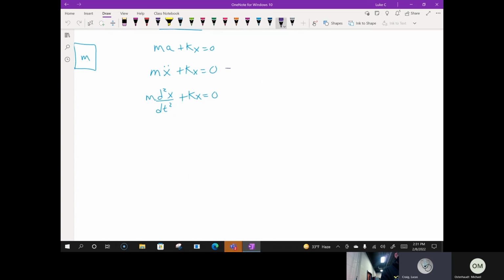All right, I'm going to do something to this. This is just a formality thing. I'm going to divide by m. And I'm going to call this term omega n squared. So omega n squared, or omega n, is the square root of k over m.